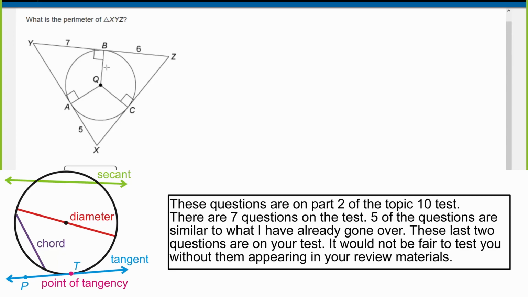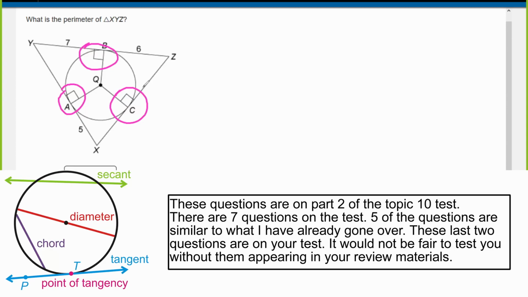All right. So the first thing we want to do is let's look at the fact that QA meets YX at 90 degrees, YZ meets QB at 90 degrees, and XZ meets QC at 90 degrees.